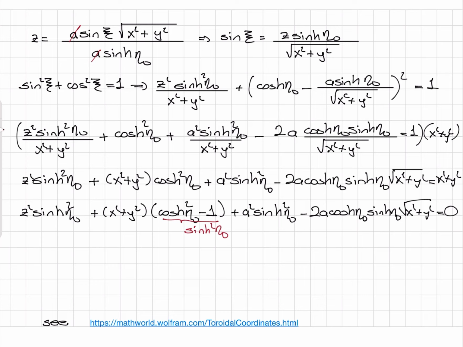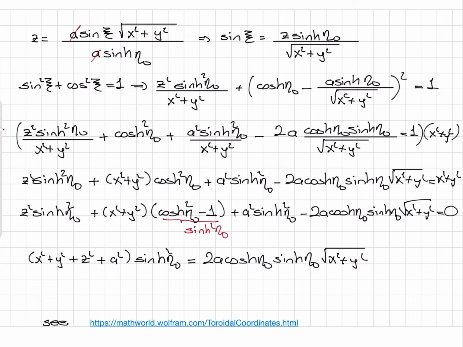So this will give me, in sine hyperbolic eta 0 squared parentheses, x squared plus y squared plus z squared and a squared. So x squared plus y squared plus z squared plus a squared sine hyperbolic eta 0 square is equal to 2a cosine hyperbolic eta 0 sine hyperbolic eta 0 square root x squared plus y squared.